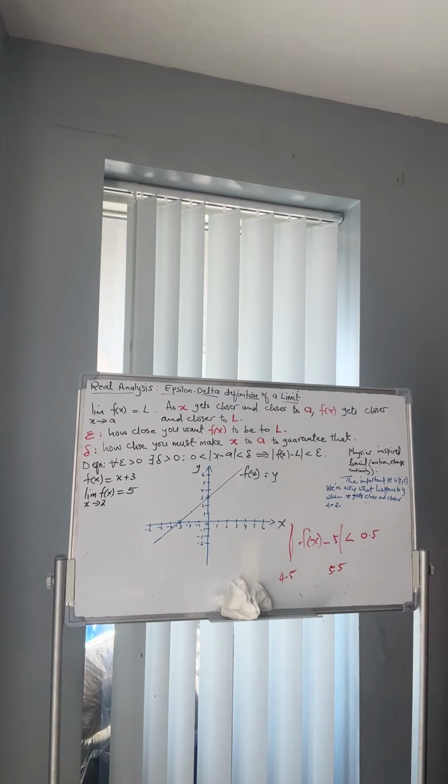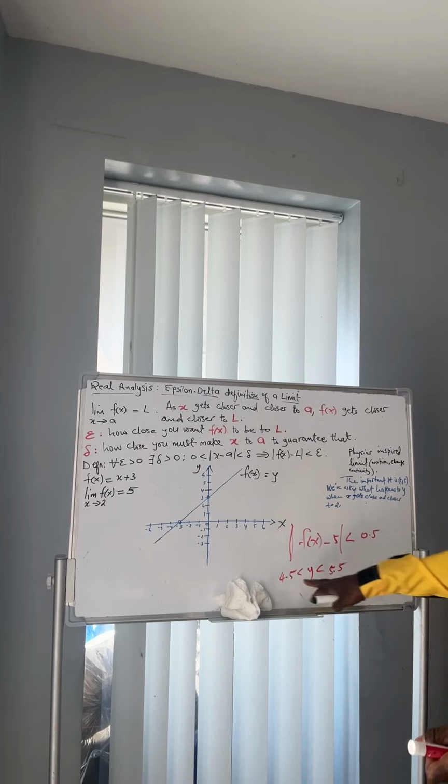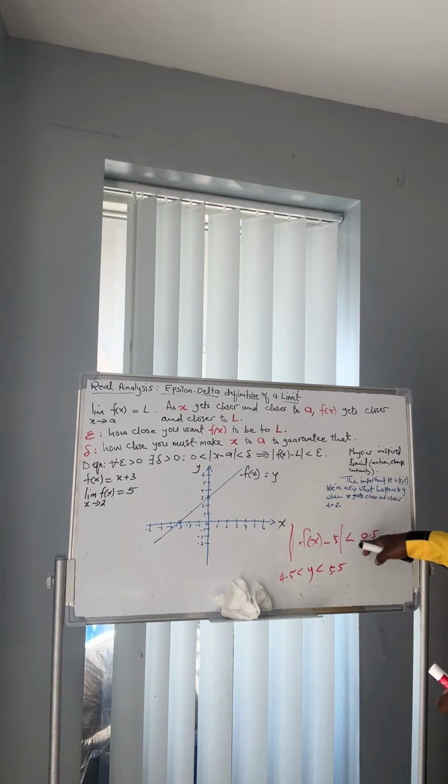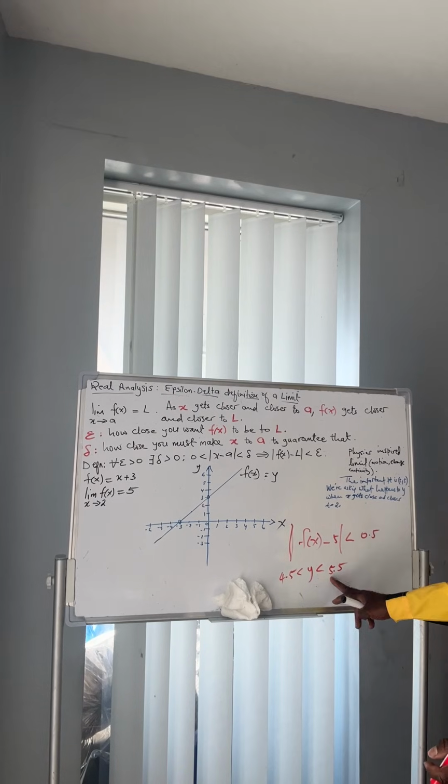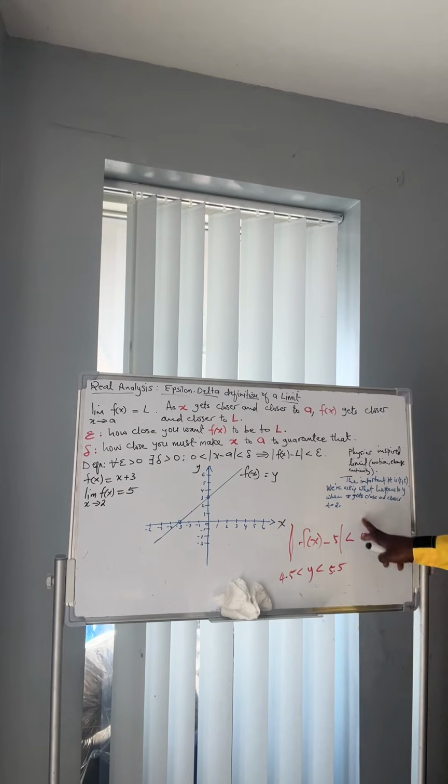This is still your function y. It's telling you that the y value is between 4.5 and 5.5 when you put 0.5 here. If it had been 1, it would be between 6 and 4. You take away on the left-hand side and add on the right-hand side because of this inequality sign. This is how we deal with inequality signs.